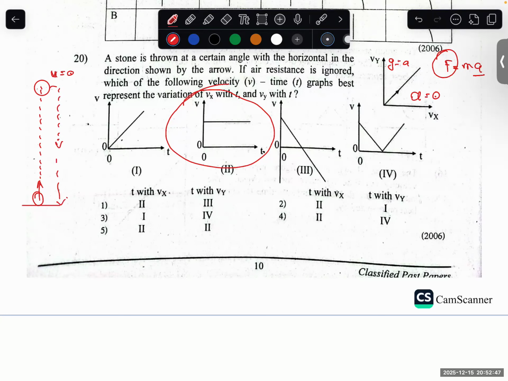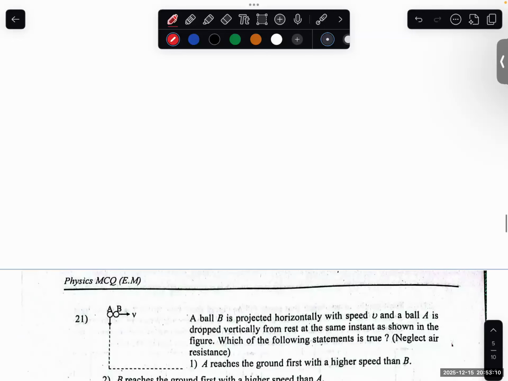So the direction is reversed. Initially in one direction, uniform deceleration; in the other direction, uniform acceleration. So the correct answer is this. Okay, so you know what the answer is here. Any questions?